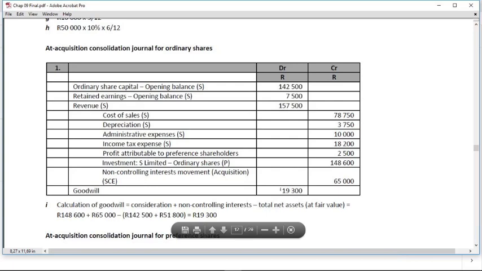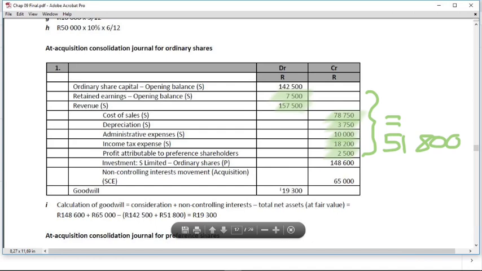If you now take the following amounts and you add the net effect together, the retained earnings at the beginning of the year, the profit for the 3 months before acquisition date, and the portion attributable to the preference shares that you exclude, the total net amount that you end up eliminating is now that 51,800 Rand that you will see in your split calculation as the retained earnings at acquisition date attributable to the owners of the parent.